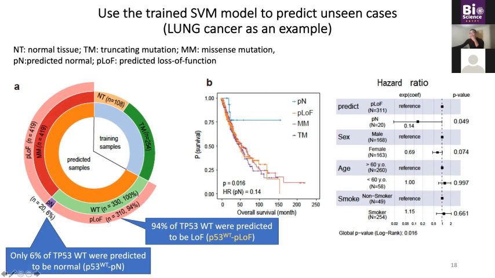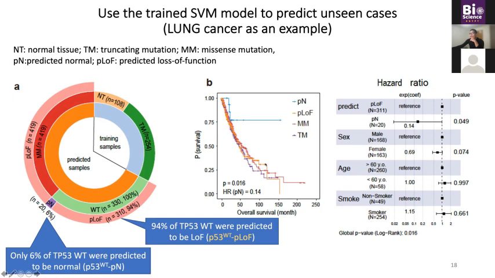So then we compare the overall survival of these lung cancer patients. What's the difference between predicted normal and predicted loss of function? As shown in this panel, the patients that are predicted to be normal have a much better overall survival compared to the patients that are predicted to be loss of function, which is the orange curve.